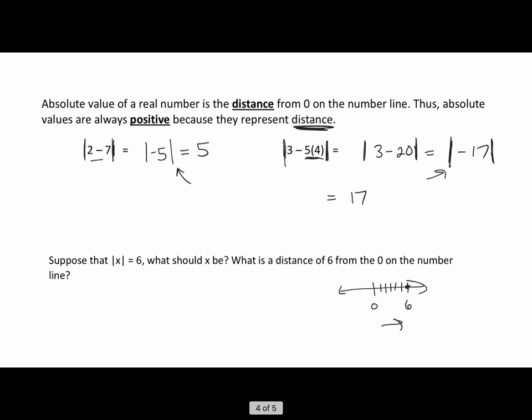That's to the right. What about the other way? 1, 2, 3, 4, 5, 6. So that means that x can be either a -6 or a +6. Those would both make this statement true.